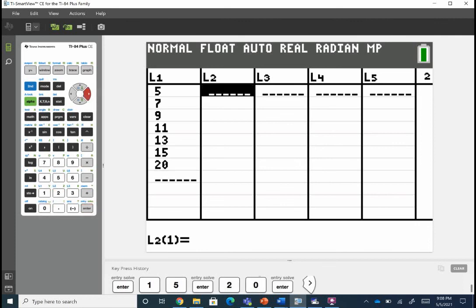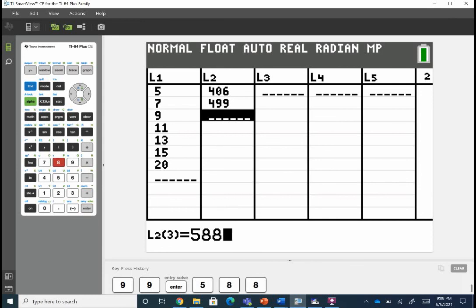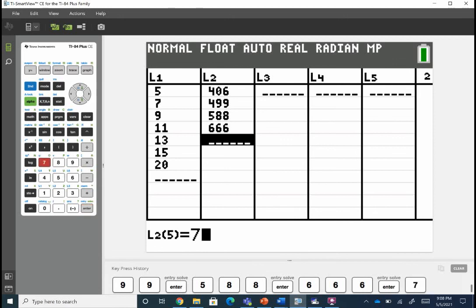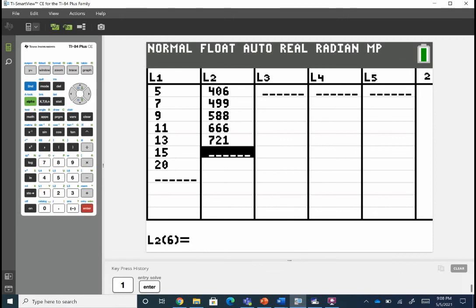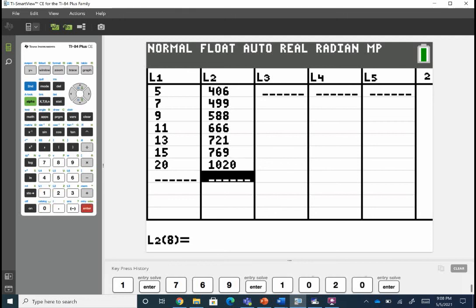Into list 2, 406, 499, 588, 666, 721, 769, and 1020. Always just do a quick little double check, make sure what you entered in is correct.